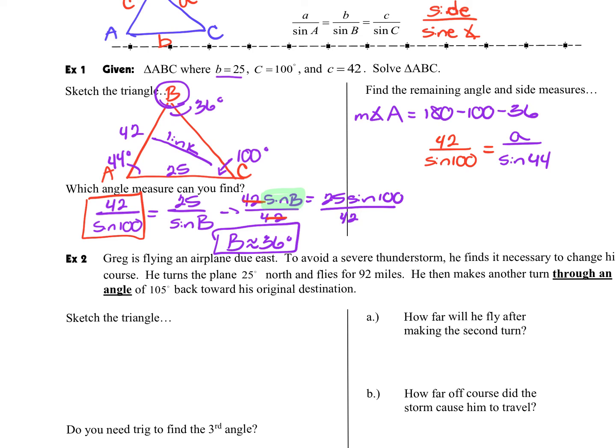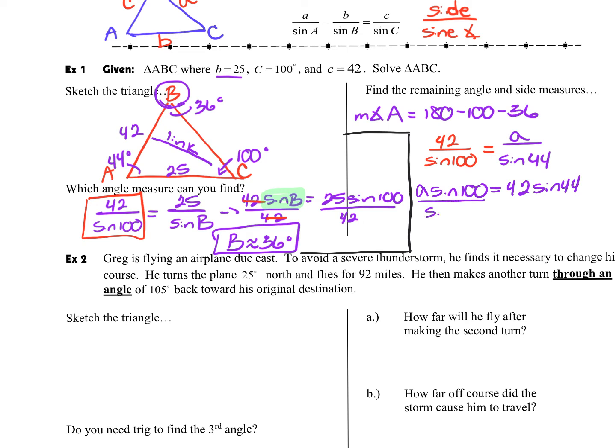And again, we're going to go ahead and we're going to cross multiply this. Many of you are going to get to where you won't need to write down this cross multiplication, and that's okay. I'm going to draw a little line here and divide this up for us so you don't get confused. We're going to say A times the sine of 100 is going to equal 42 times the sine of 44.